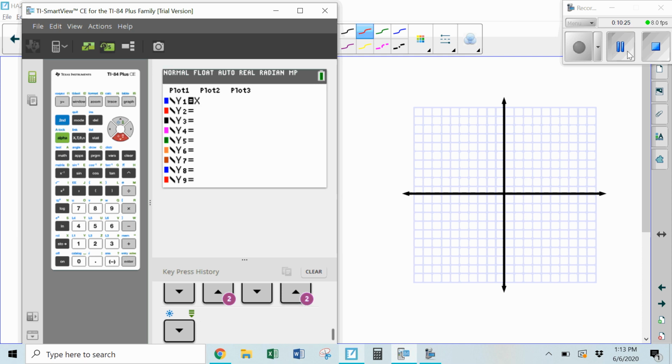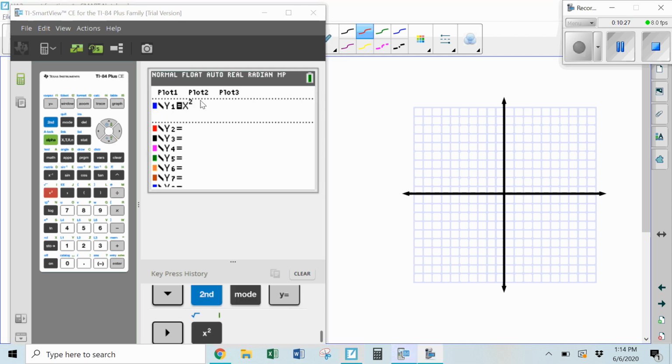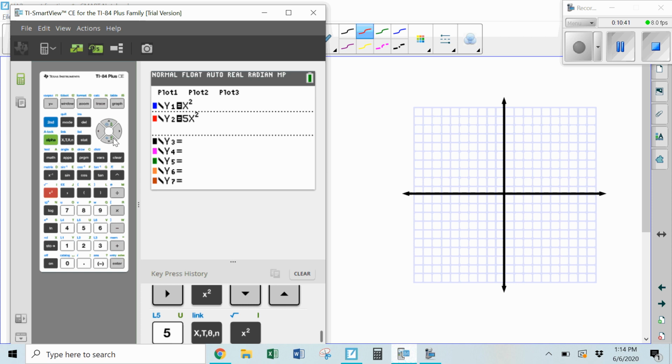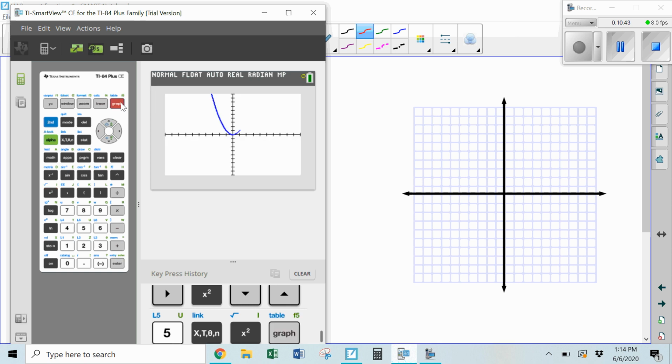Okay, so type x squared, and then in your y2, type in 5x squared, graph. So you'll notice it didn't move left or right, up or down.